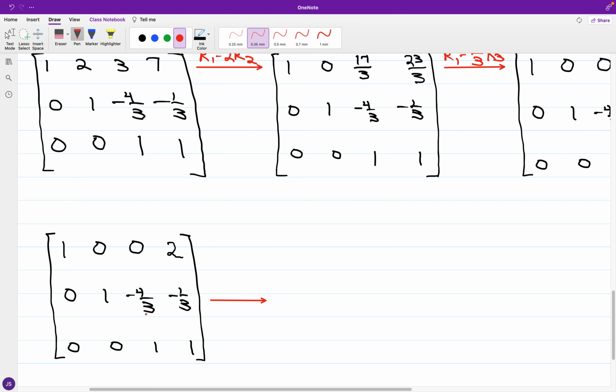That which will eliminate the presence of negative 4 thirds will be positive 4 thirds. So I can say that I have R2 plus 4 thirds times R3.